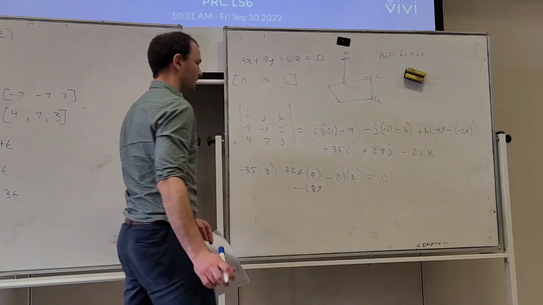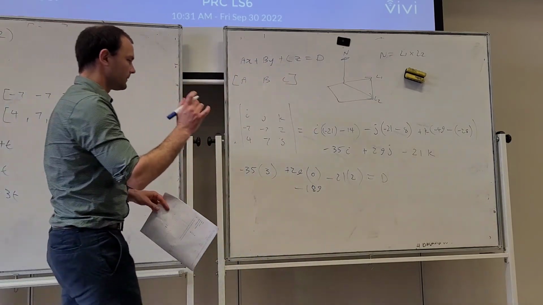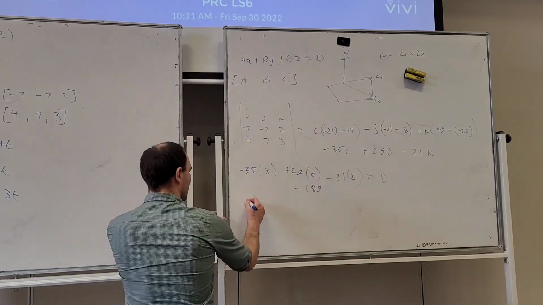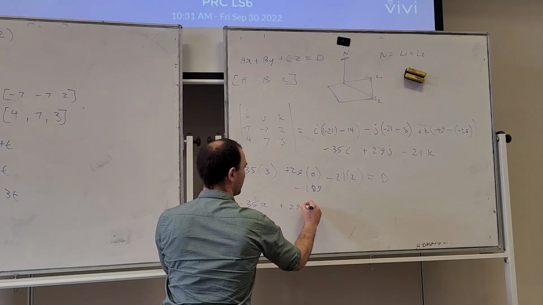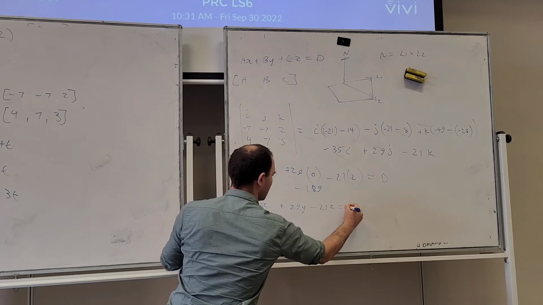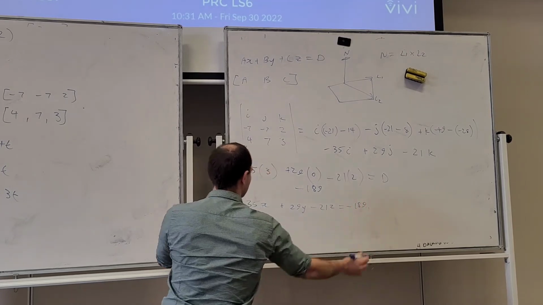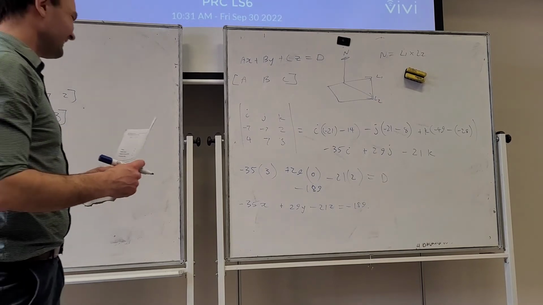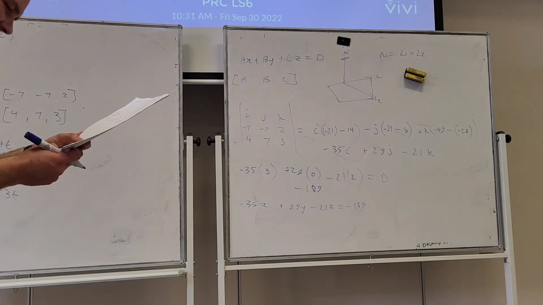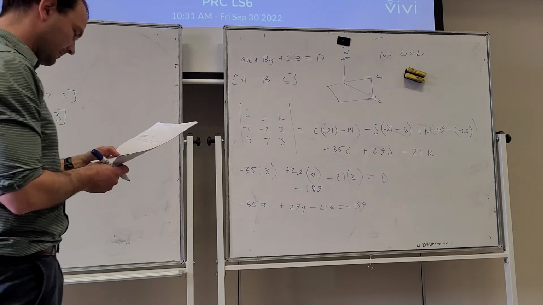So -189. So therefore the equation of this plane, let's write it out, is going to be -35x plus 29y, take 21z, equals -189. It's definitely not. I got 147. 147, positive.